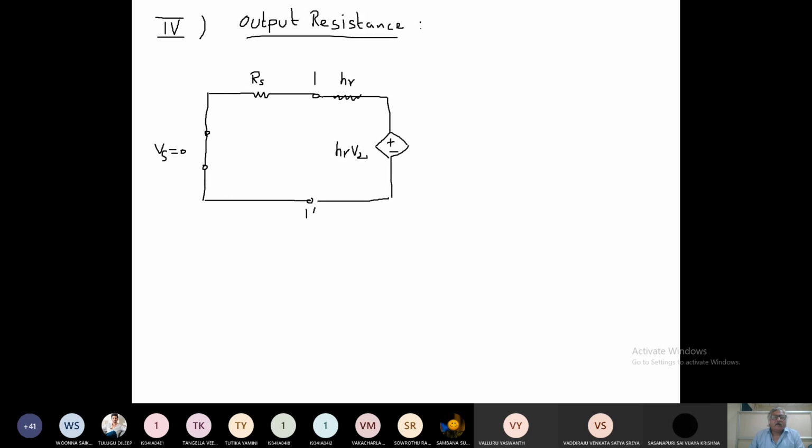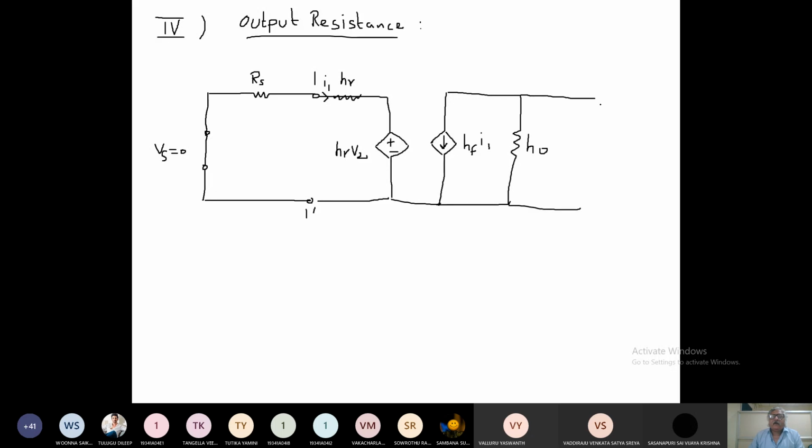Here we have current I1, and on this side we have the dependent current source, which we represent as HF I1, and here the resistance we denote H0.